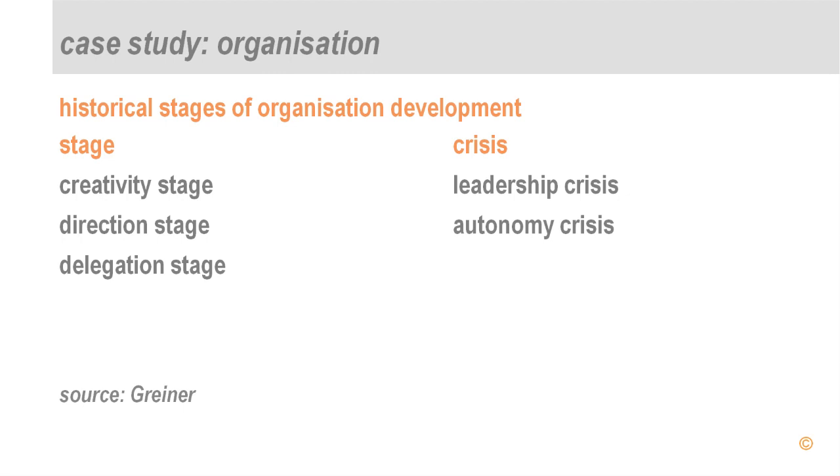This in turn leads to a control crisis. Suddenly there are too many business units who run their own show and the whole doesn't hang together anymore. And this crisis needs to be resolved by a coordination stage.